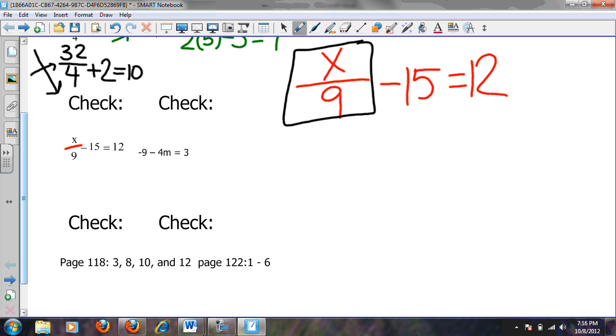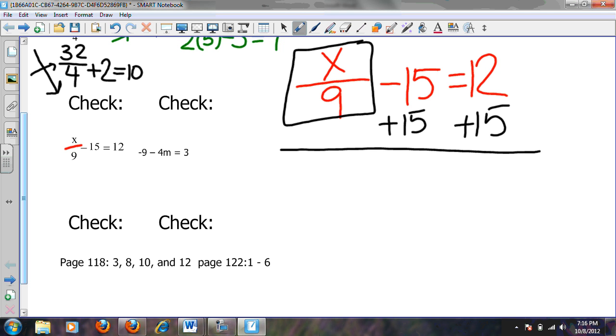Since I'm subtracting 15, the inverse of subtracting 15 is indeed adding 15. But if I add 15 to one side, remember, I need to do the same thing on both sides. These will cancel and get 0. X over 9 does in fact equal whatever 12 plus 15 is.